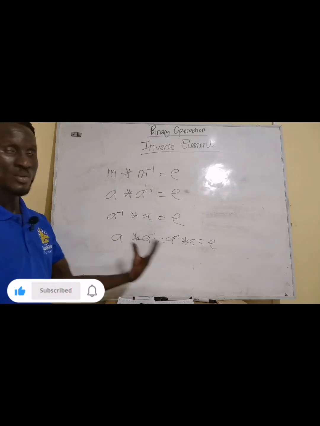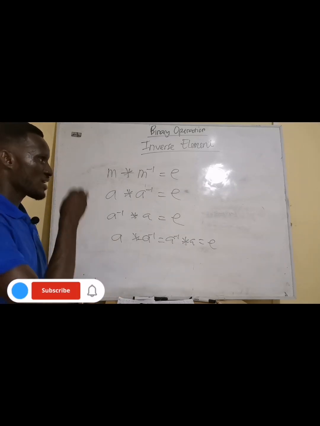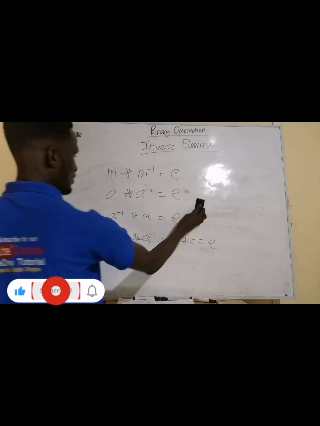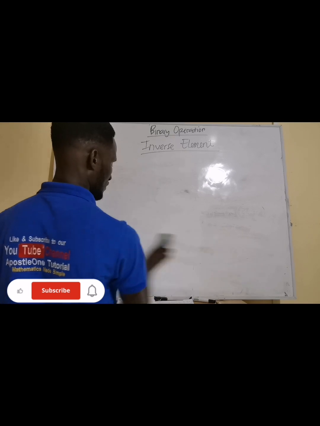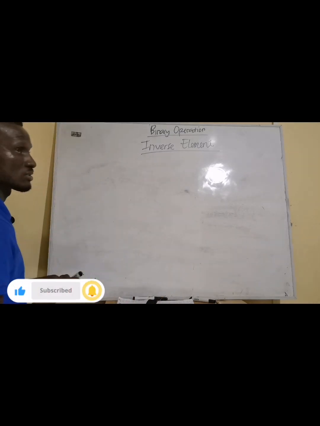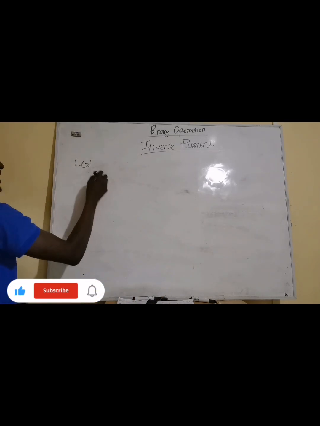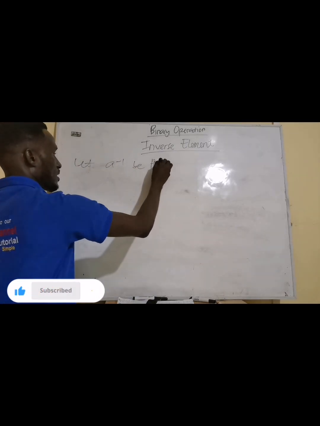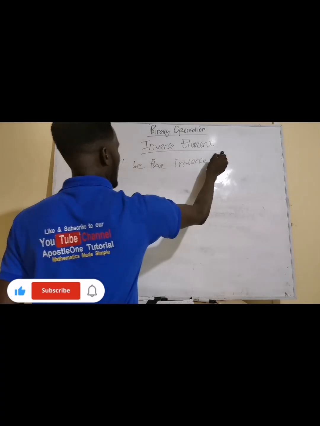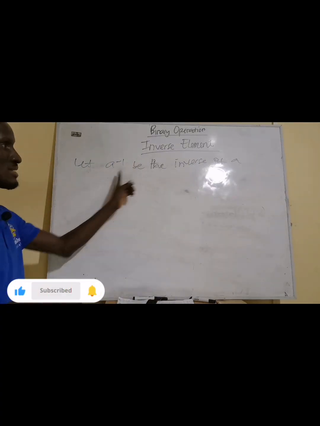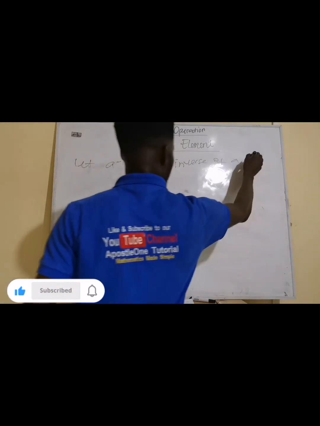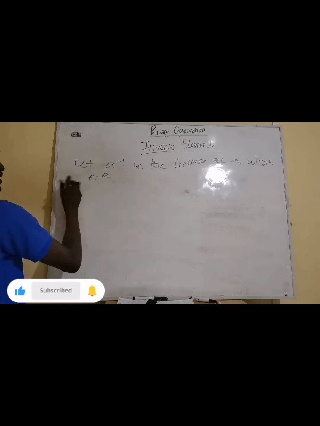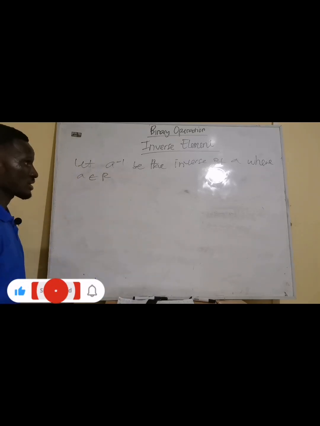So this is an inverse. This is how we can find the inverse. It means that the moment we want to find the inverse, we need to find the identity element before we can find the inverse. So let me do some small explanation. Now, let A inverse be the inverse of A, where A belongs to the real numbers.